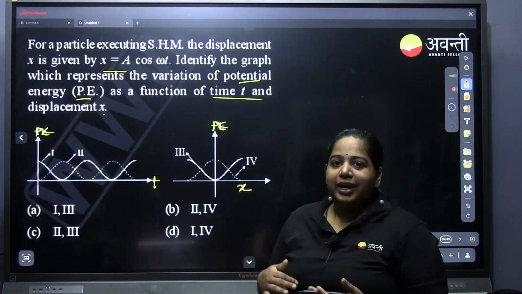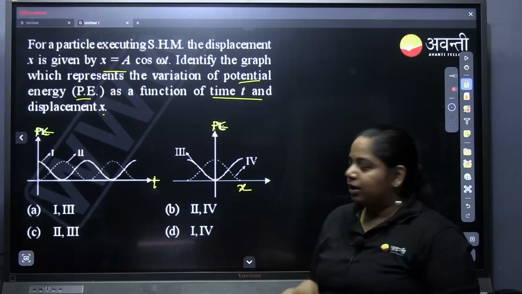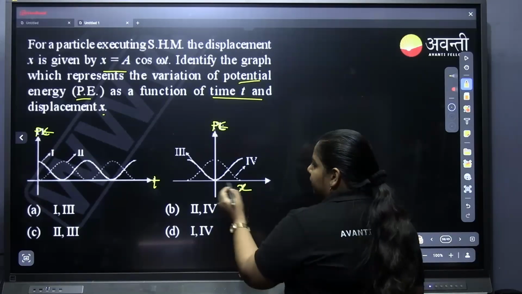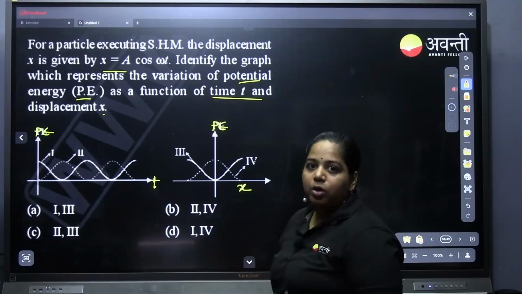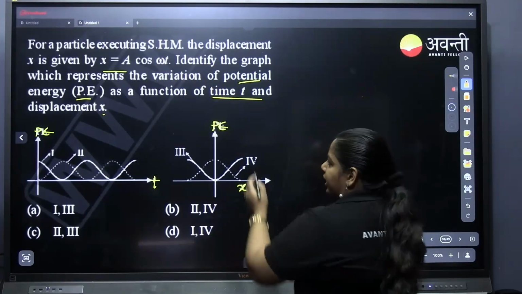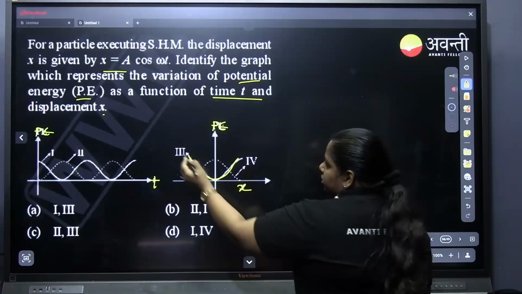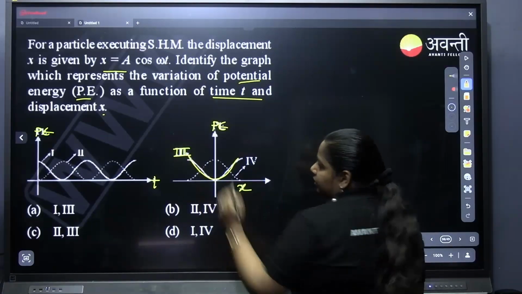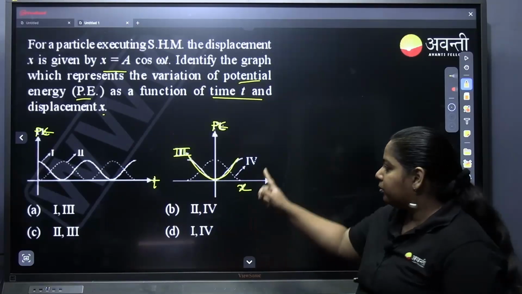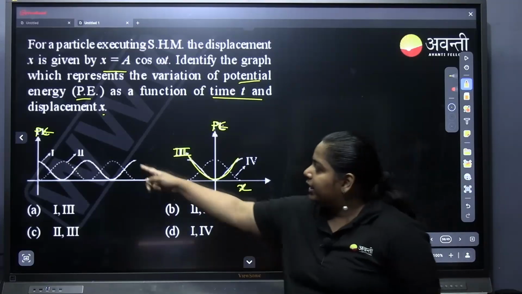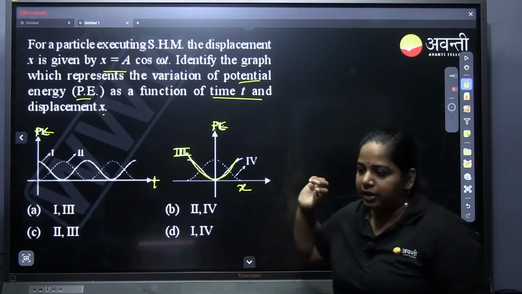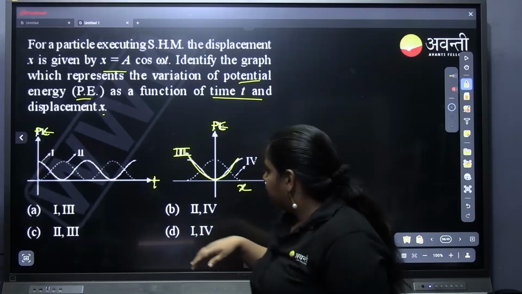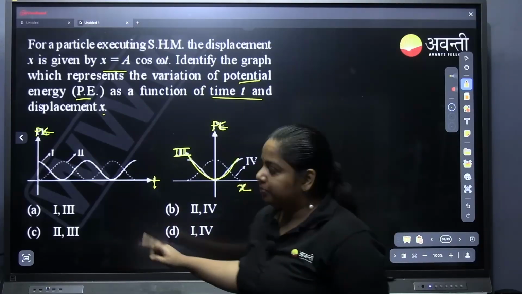For x it is not going to change, because when x is 0, potential energy is minimum and it is U shape only. So that is 3. One option we got, it is 3. Now here it is 1 or 2 that we need to find. It is not B, sorry.